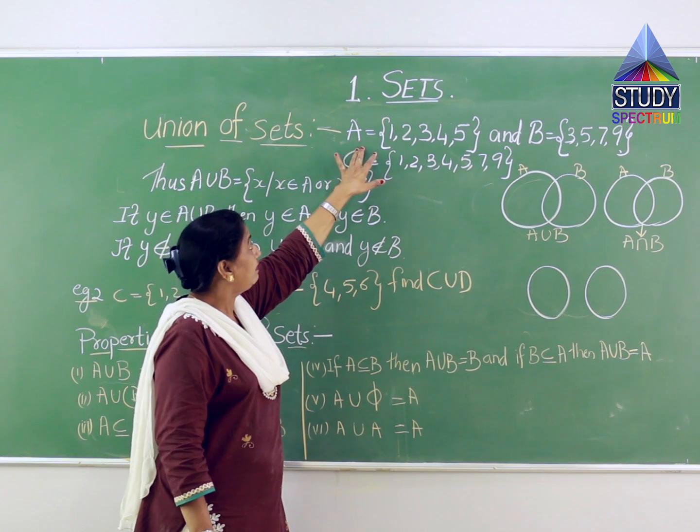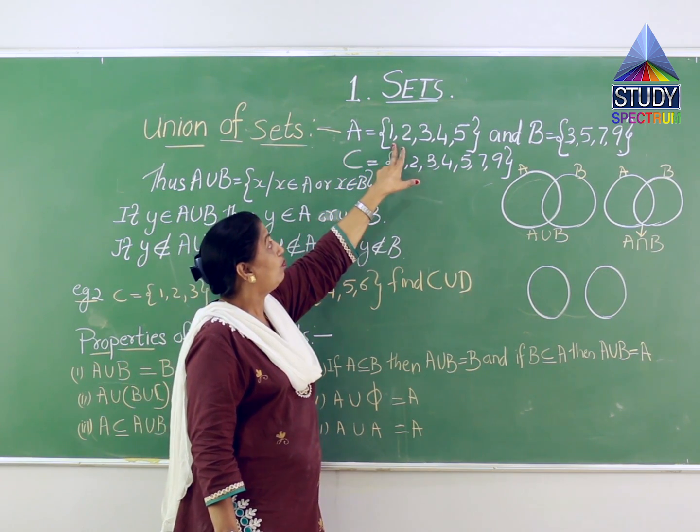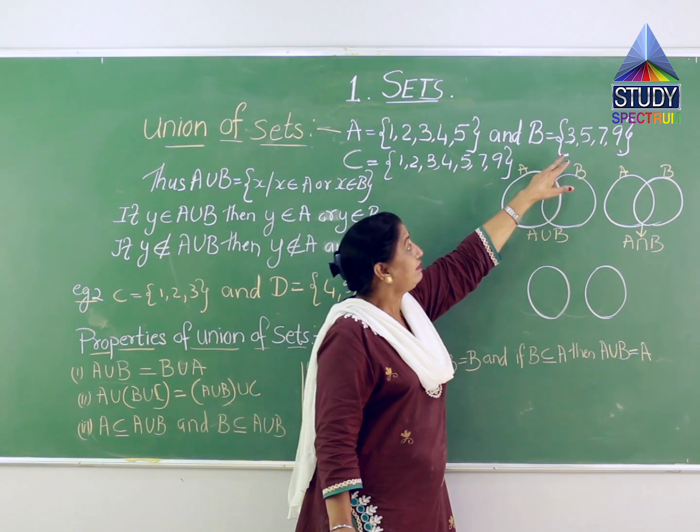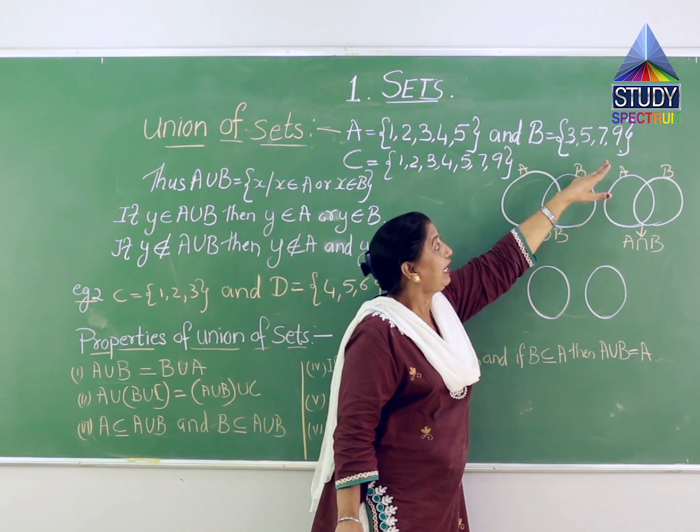Here A is a set given where the numbers are from 1 to 5, and B is another set which consists of the numbers 3, 5, 7 and 9.